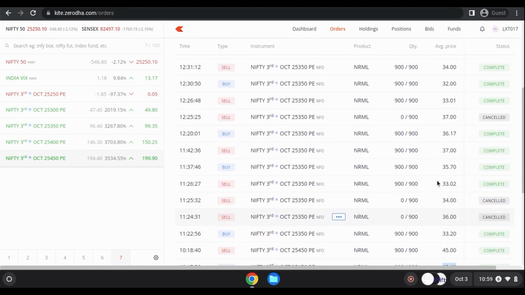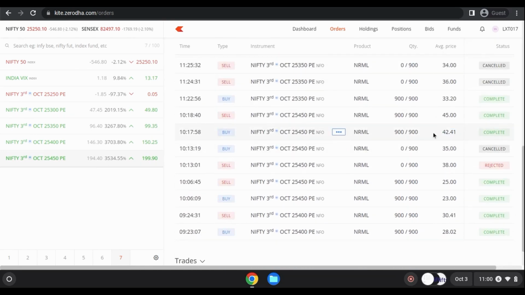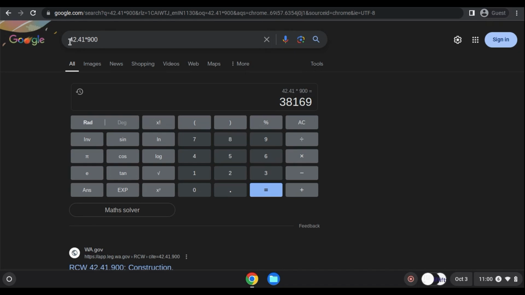So the highest price I've entered is 42 rupees. Multiplying 900 quantity with 42 rupees gives me 38,169 rupees. So this is the whole capital which I have used to trade today.